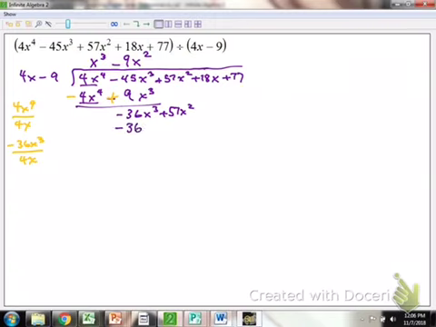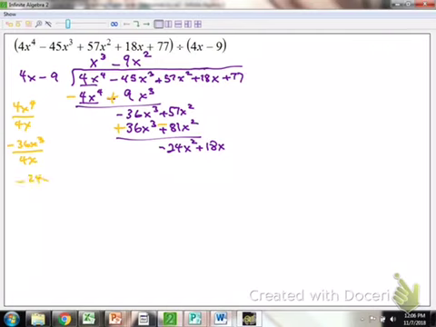That gives us negative 36x cubed plus 81x squared. And subtraction changes the signs. That's the part where you got to be really, really careful. Most students mess up on this test. So 57x squared minus 81x squared is negative 24x squared. Bring down the 18x. And then we do it again.